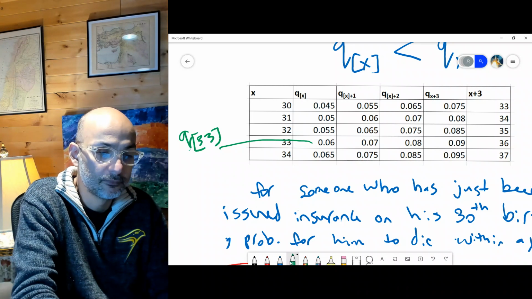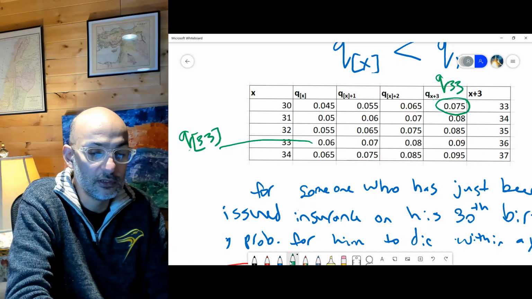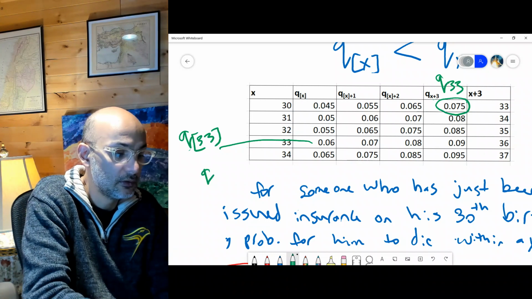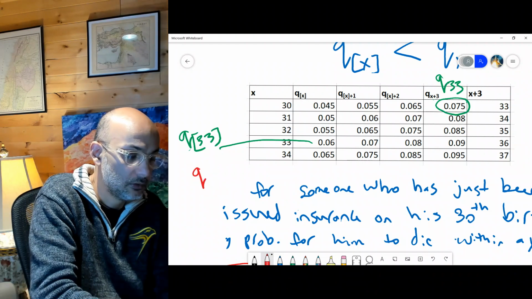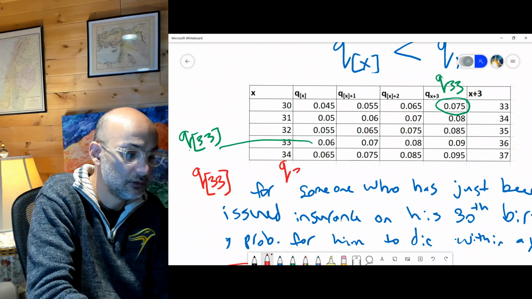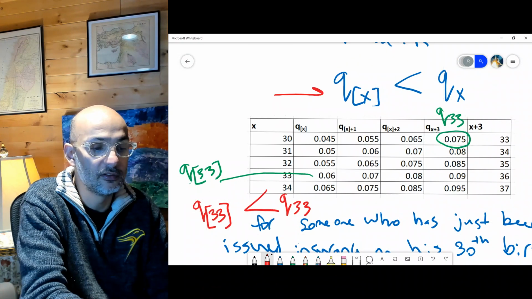This one is the general population, Q33. What you notice, as we discussed, let me write it here, Q33 should be less, right? Because we already discussed this.